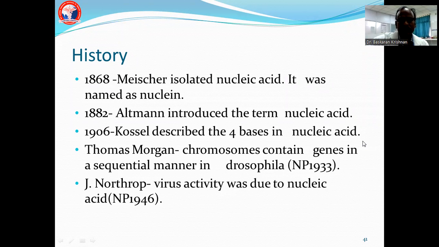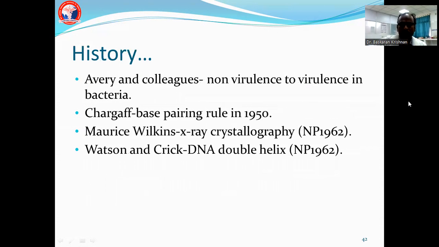Later, Thomas Morgan found that chromosomes contain genes in a sequence order in Drosophila. Northrop found that virus activity was due to nucleic acids. Avery and his colleagues MacLeod and McCarty found the transformation from non-virulence to virulence in bacteria. Chargaff put forward the base pairing rule in 1950, the middle of the century.